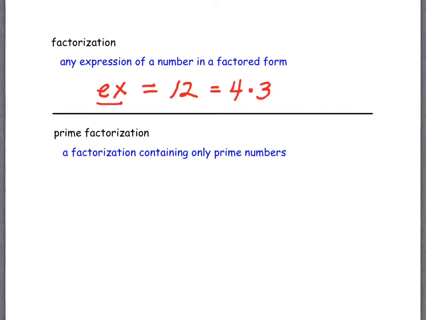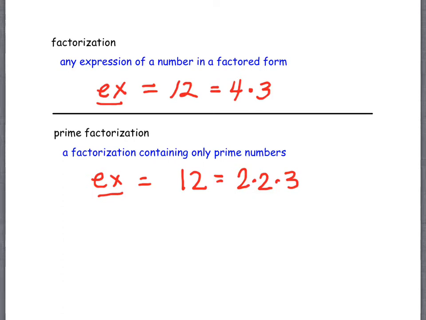But that is not prime factorization. Why not? Because 4 isn't prime. So if we wanted the prime factorization, I could take the number 4 and break it down into 2 times 2. And then I still have my times 3. That would be the prime factorization of the number 12.